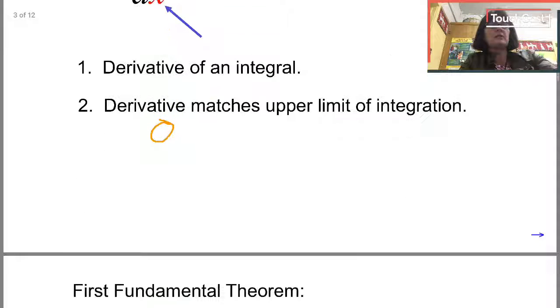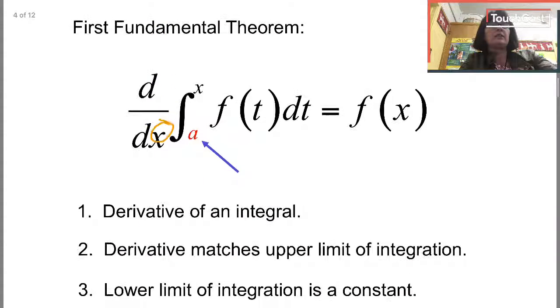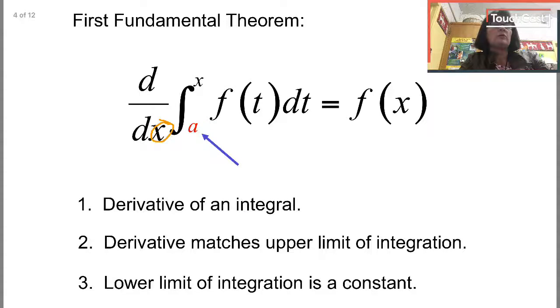If those two things are true, we have to check the third thing, which is that the lower limit of the integral has to be a constant. It could be a number, or it could be a letter if we're told the letter is a constant. Or it could be pi, it could be e. It has to be a constant.